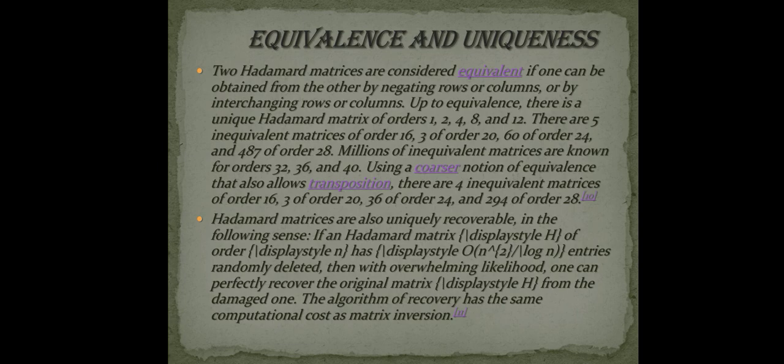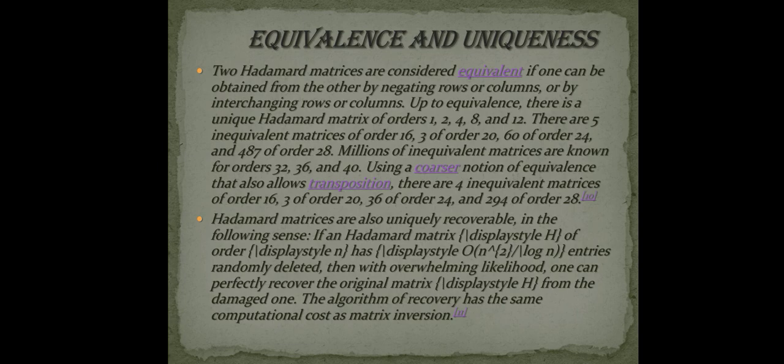Using a coarser notion of equivalence that also allows transposition, there are 4 inequivalent matrices of order 16, 3 of order 20, 36 of order 24, and 294 of order 28. Hadamard matrices are also uniquely recoverable in the following sense.